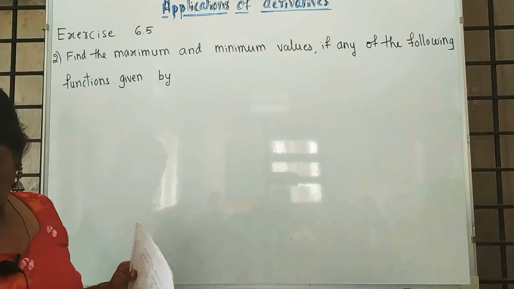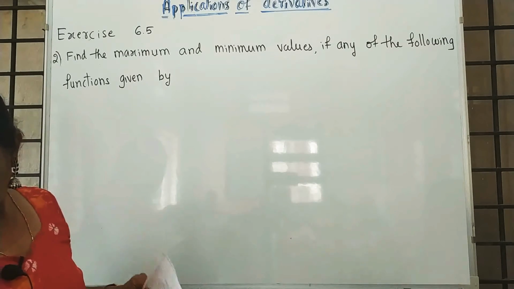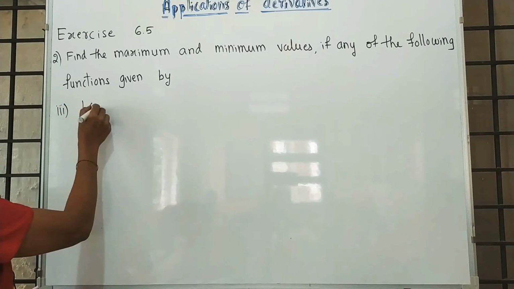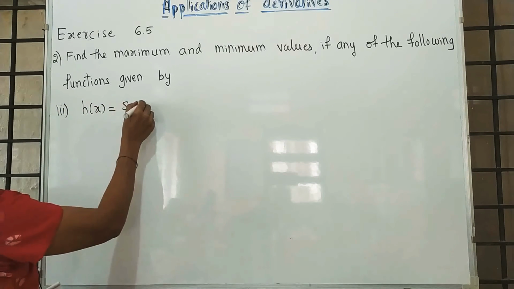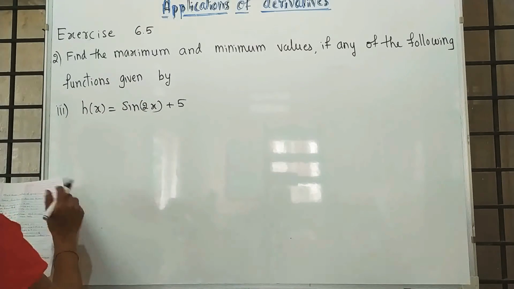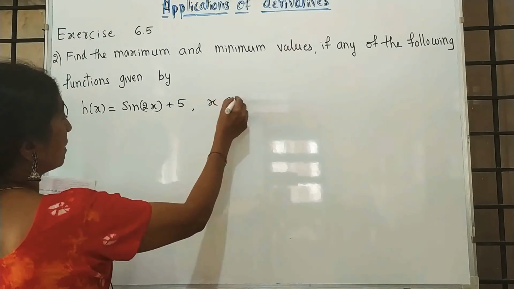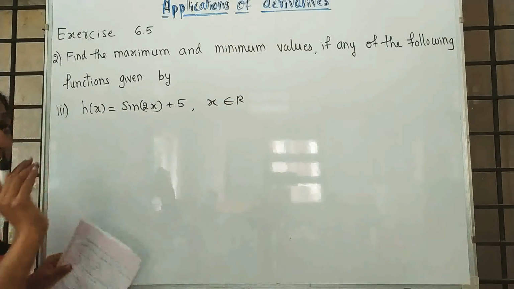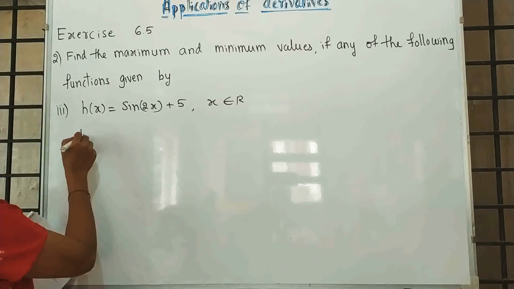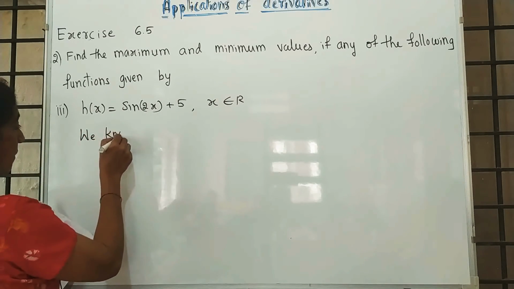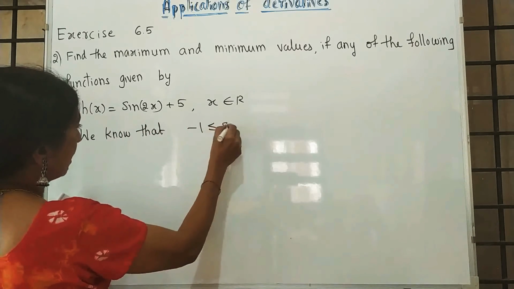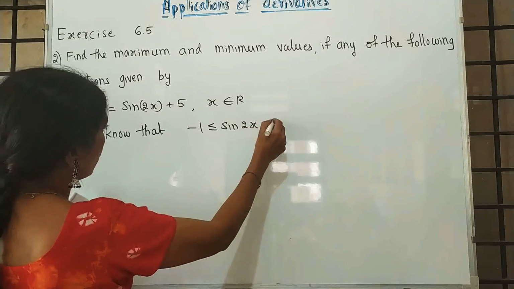What is the third question? See, the third question is h of x is equal to sin 2x plus 5. Already you are familiar: sin is a trigonometric term. Its maximum value is 1 and its minimum value is minus 1. Sin is lying between minus 1 and plus 1.